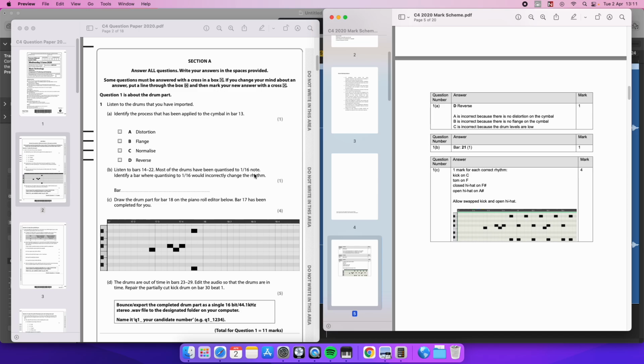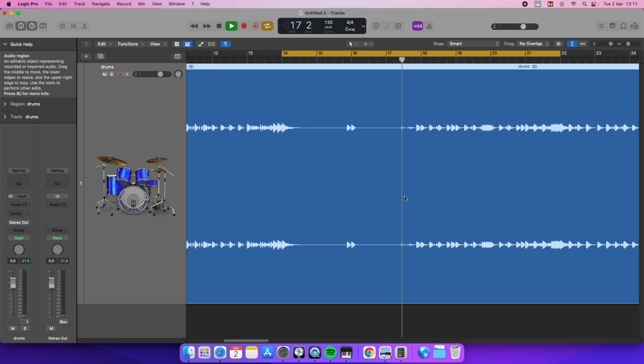Most of the drums quantize to 16th notes. Probably bar 21, because it sounds like it's been quantized to a value beyond 16th notes. I think our 16th note section's here.